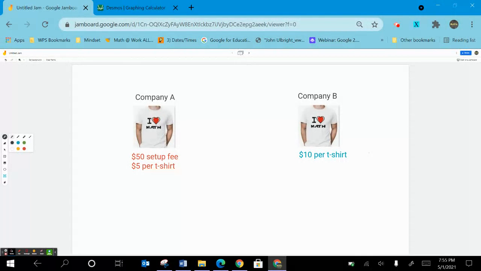And you know from previous work that you can represent each of these situations with a linear equation. So let's define our variables before we write our equation. Let's say that y equals the cost to buy the t-shirts, and x will be the number of t-shirts we purchase.